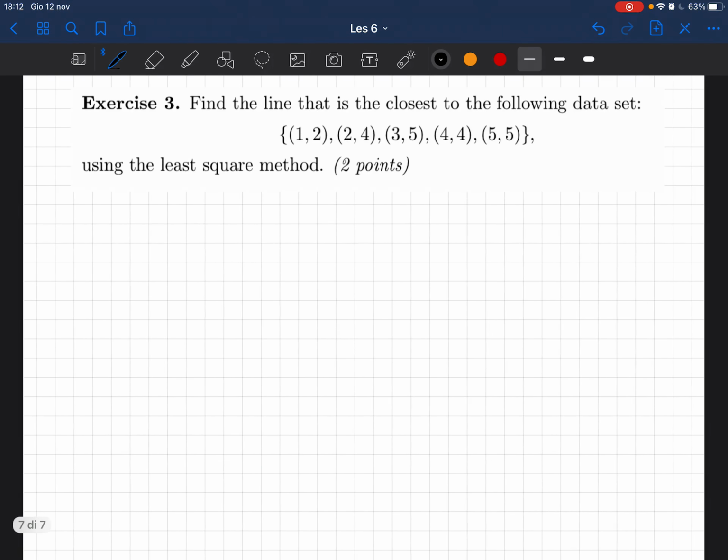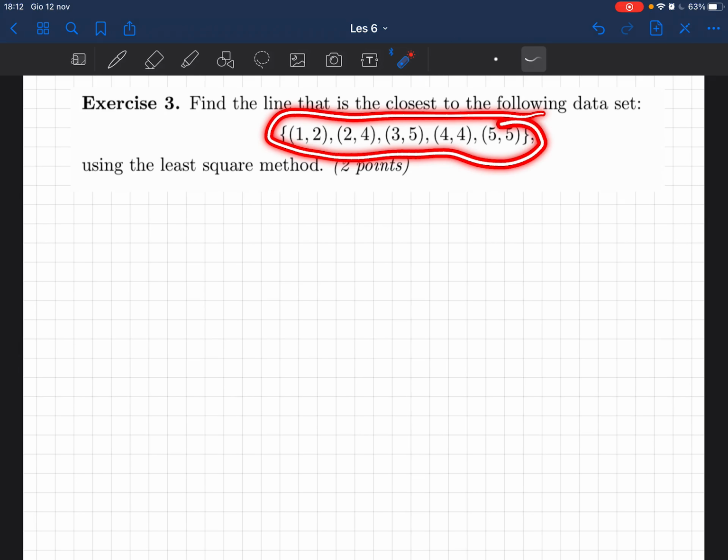So the last one is about the least square method. Let's review it briefly before going on. First, it would be good to write down this data set using matrices.